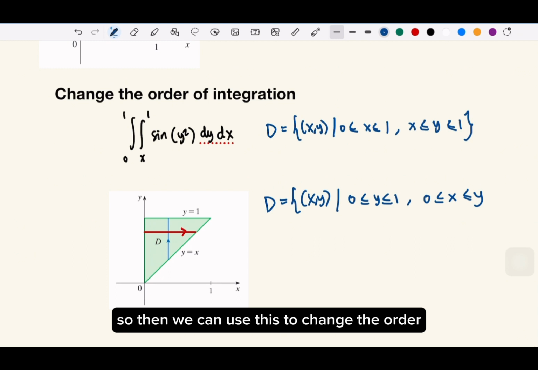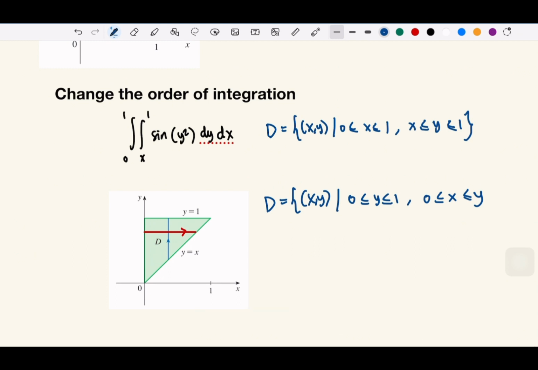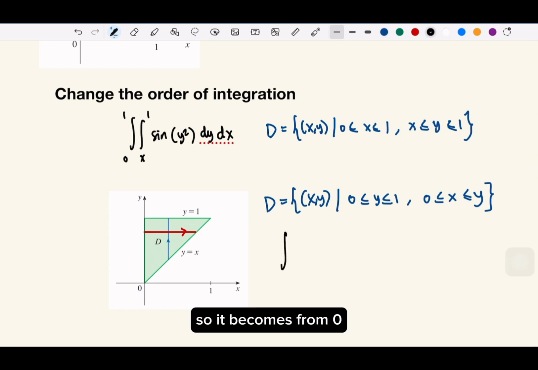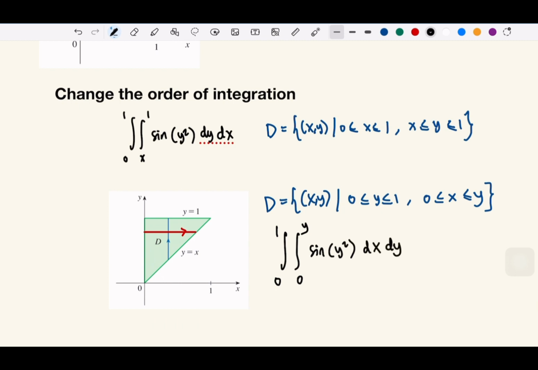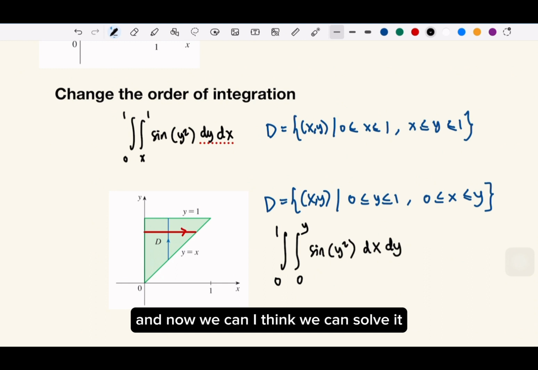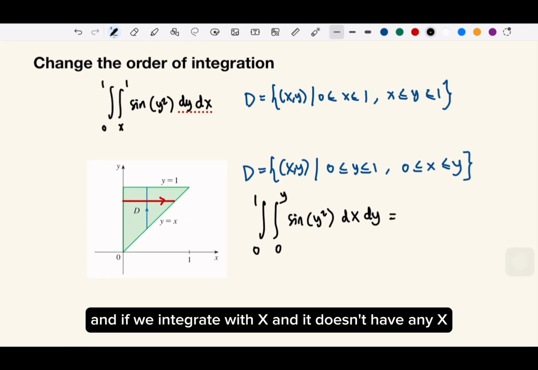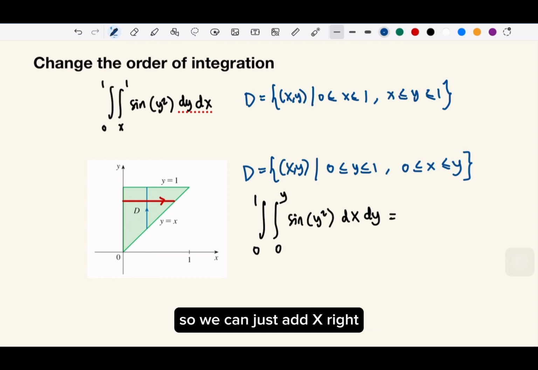So then we can use this to change the order. So it becomes from 0 to 1, and then this will be 0 to y, of sine y squared dx dy. And now I think we can solve it. If we integrate with respect to x, it doesn't have any x, so we can just add x, right?